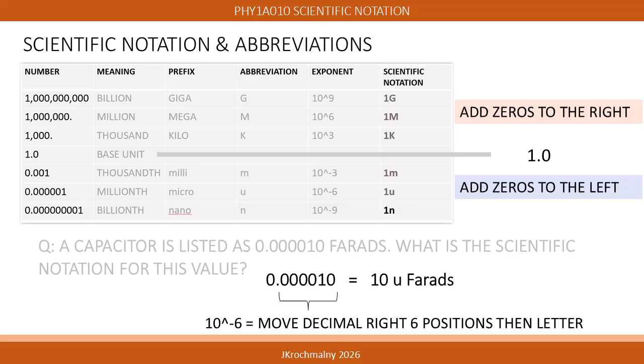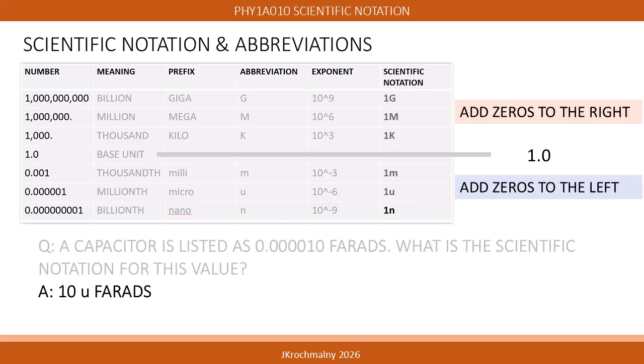Here we see the use of 6 zeros, and the decimal will be moved 6 places to the right of the existing decimal place. This action results in the number 10. The abbreviation for micro is the small lowercase u and is placed at the end of the number. The term farads is associated with the number indicating value of capacitance. The answer to this problem then becomes 10 small u, understood as micro, farads.